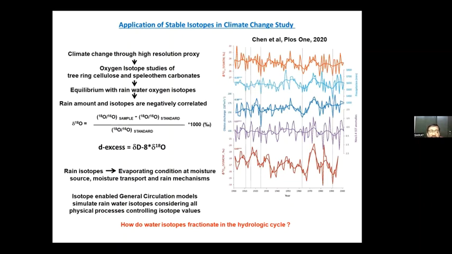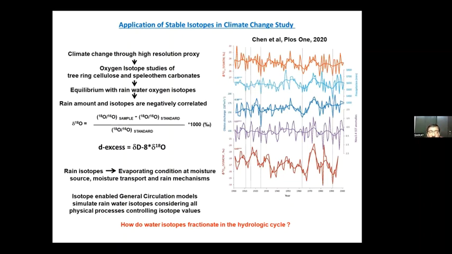And the second thing is that the isotope values of this water at that time bear some correlations with some of the climatic parameters. It could be rain amount, it could be temperature, it could be humidity, but they are related.